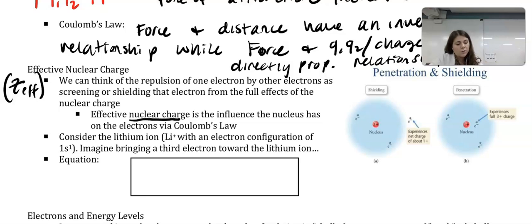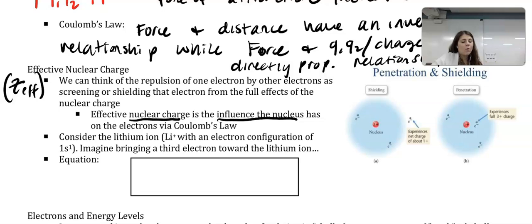So nuclear charge is talking about the influence of the nucleus on the electrons, specifically the valence electrons, though you can look at it as a whole in general. Remember that electrons are repelling one another, especially on the atomic scale.